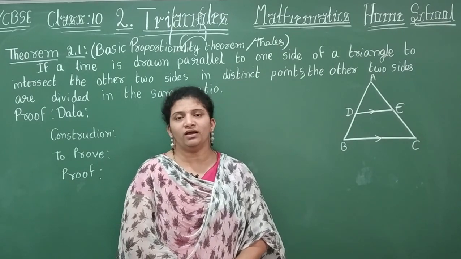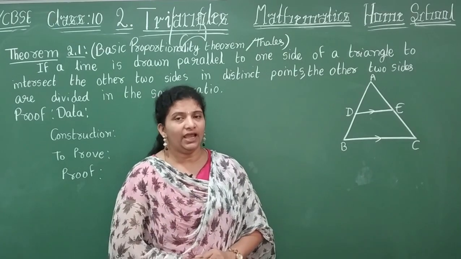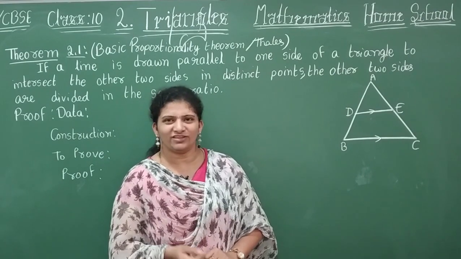Easily remember: if a line is drawn parallel to one side of a triangle, it makes the other two sides in proportion. Any of the statements you can write.